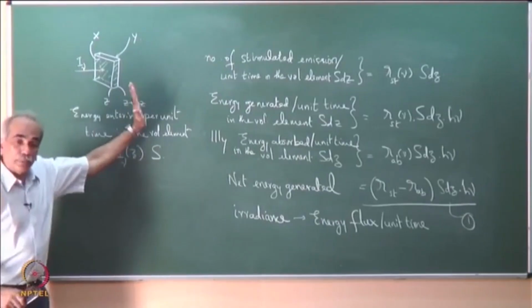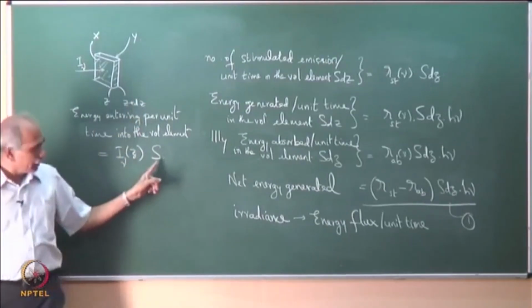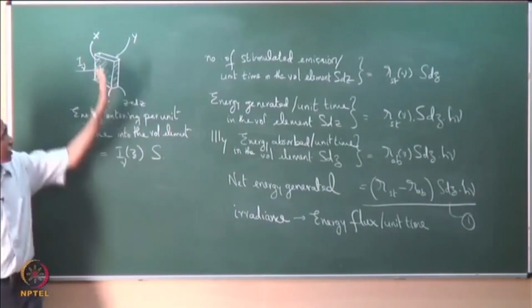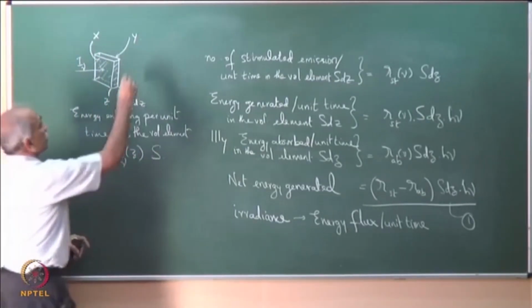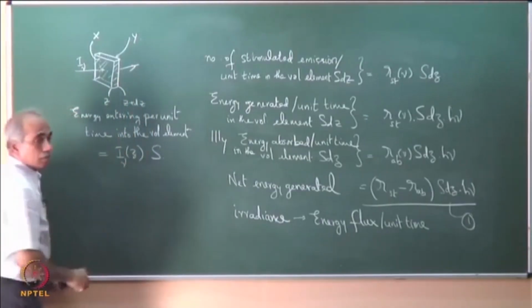Energy entering per unit time is intensity into cross sectional area. S is the cross sectional area of this surface. So, I nu of z into S. What is the energy leaving from the other side?